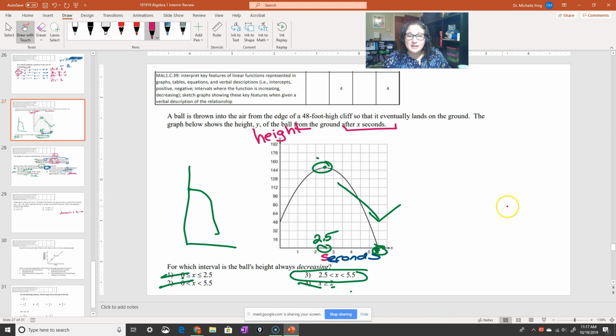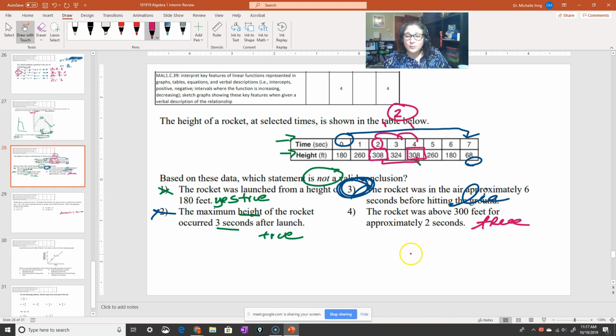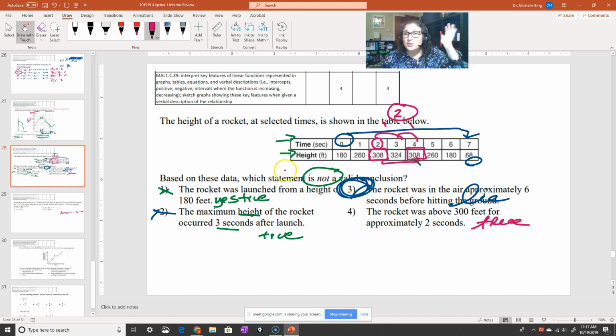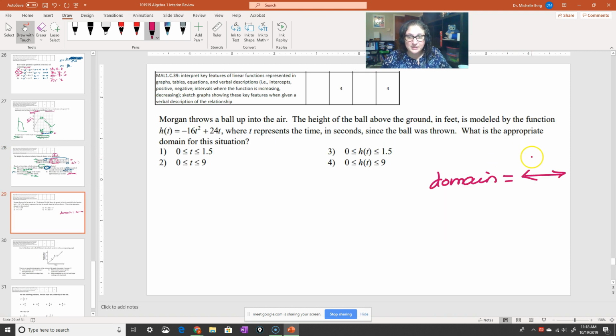If we go back to here, our domain here was time, and our range was the height in relation to time. So the range is always going to be a relationship. It's always going to be dependent on the domain. Same thing here. Our t is our domain, and our range is the height in terms of the time.